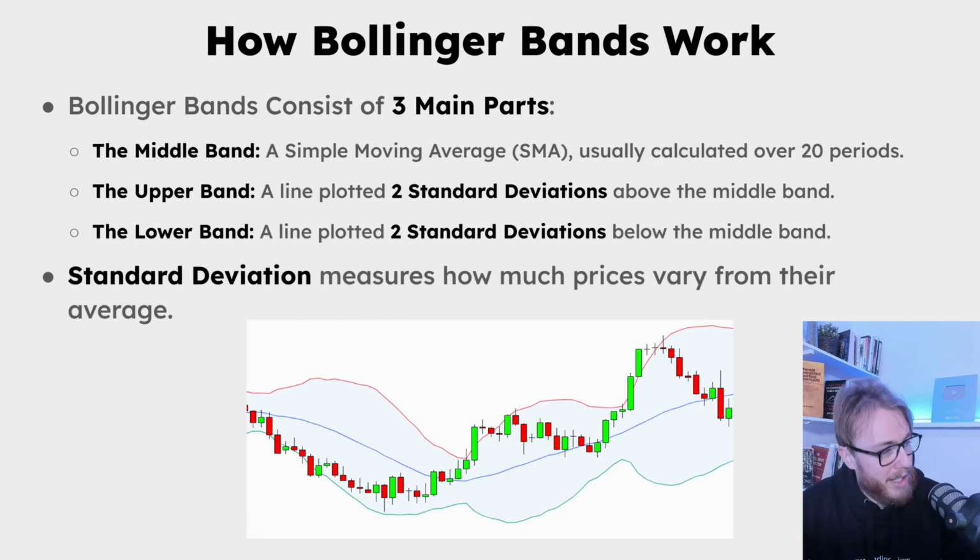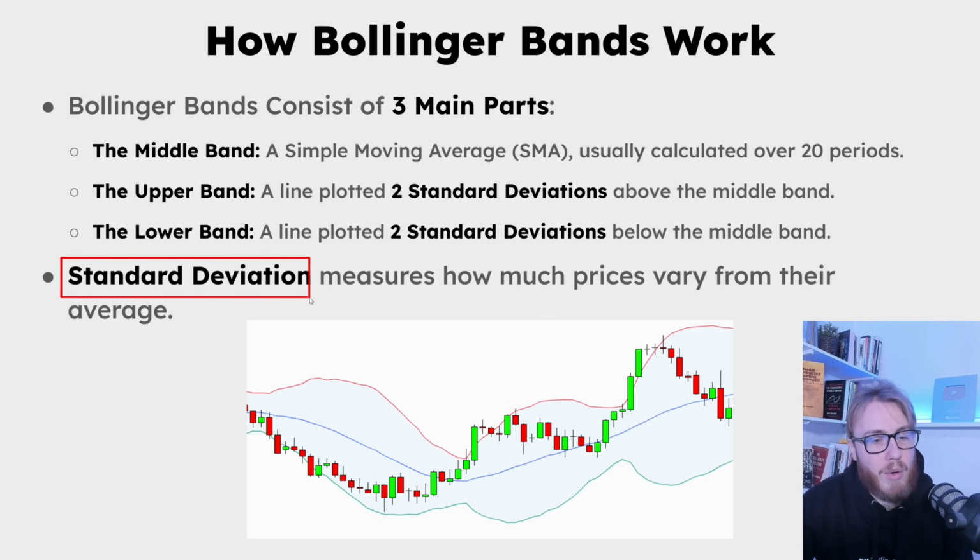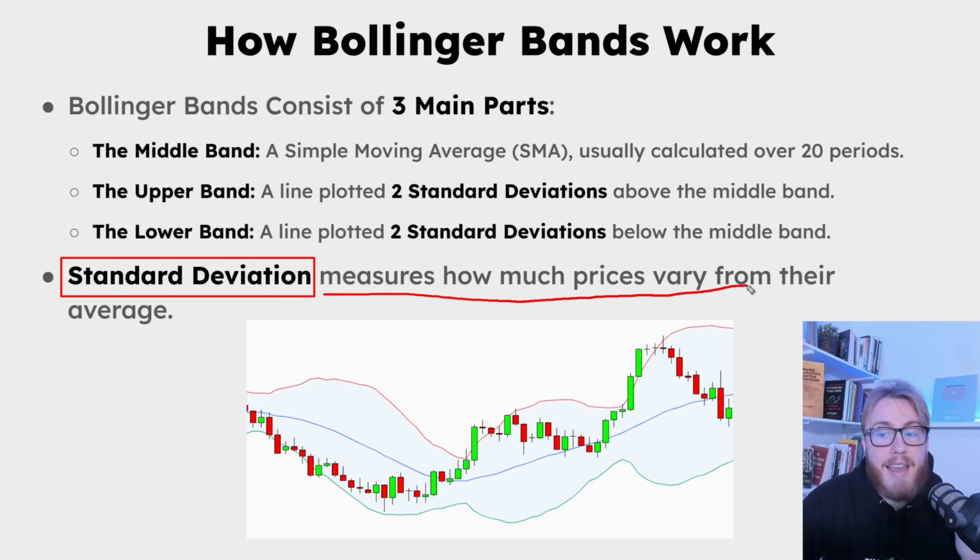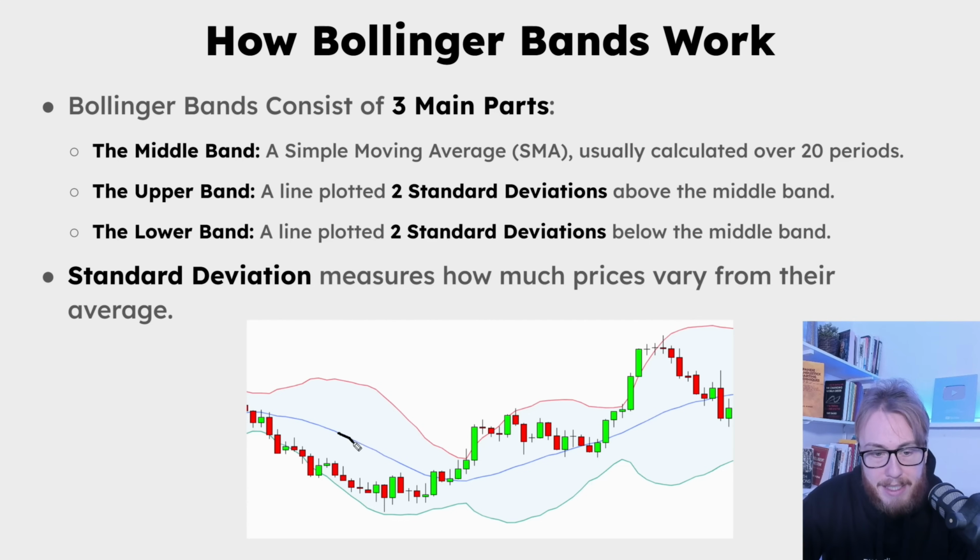But now, what is a standard deviation? I actually thought a while about the best and shortest way to describe it. I would say that this is a measure of how much prices vary from the average. Remember, the middle band here is the average. We know that from the text earlier.